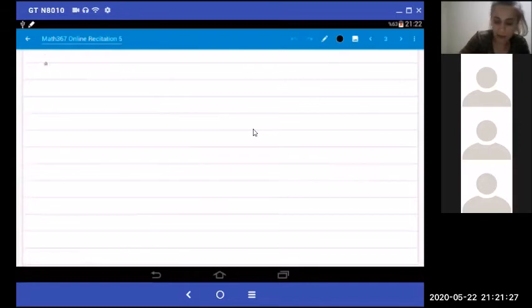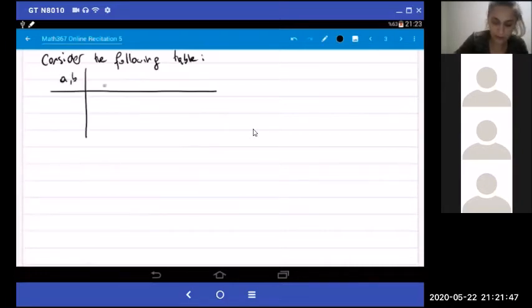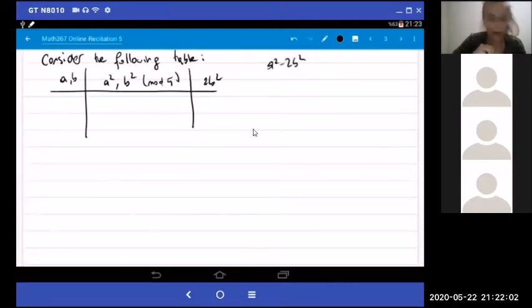Let us consider the following table. I'm just going to look at the numbers modulo 5. The values of a and b here, the values of a² and b² modulo 5, and the value of 2b², because I'm going to consider a² − 2b², right?